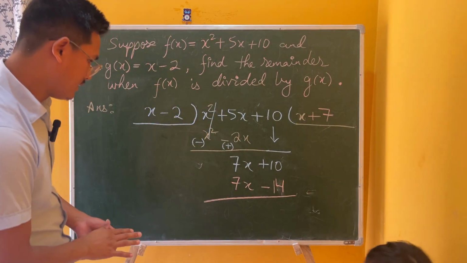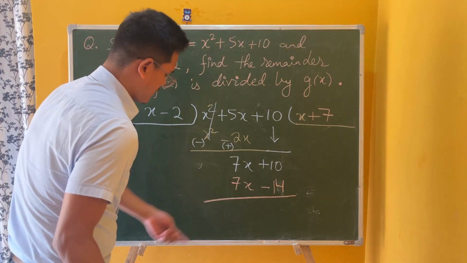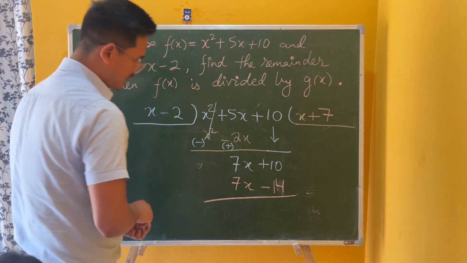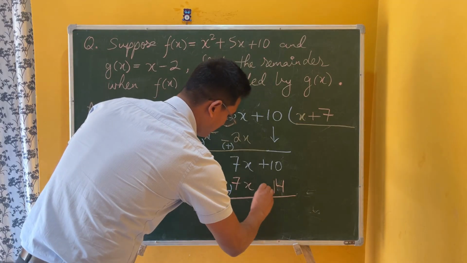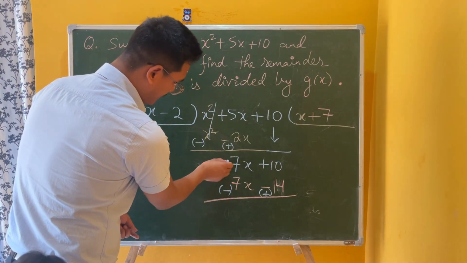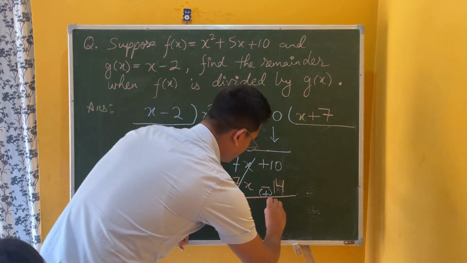So after this step, again you'll have to change the sign. So this is positive, it's going to be negative. This is negative, it's going to be positive. Now add them. When you add them, plus 7x and minus 7x will get cancelled. 24.